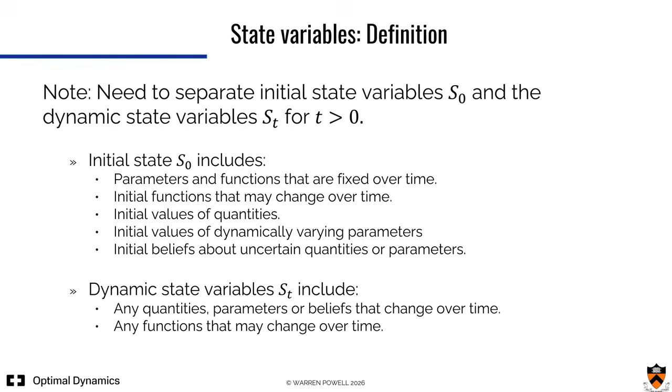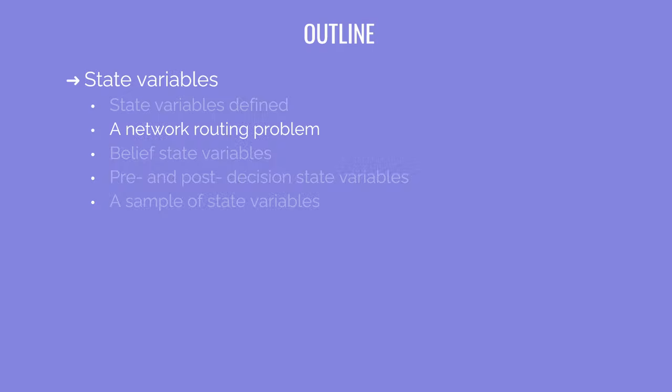The dynamic state variables for t greater than 0 is any quantities, parameters, or beliefs that may change over time. And by the way, this is rare, but sometimes a function can change over time. Maybe I may change how I'm forecasting or how I'm making decisions. So if your function can change over time, then that's also in the dynamic state variable.